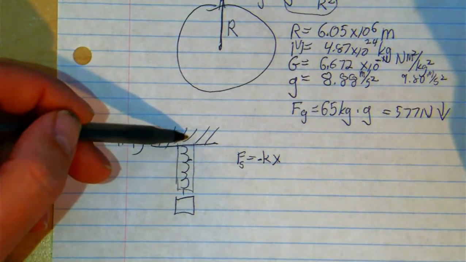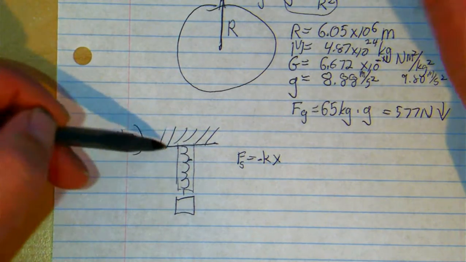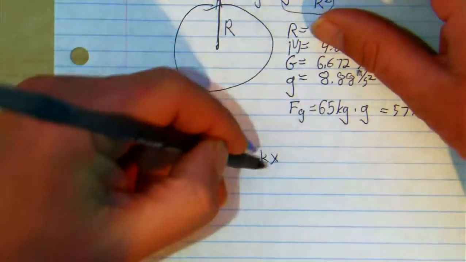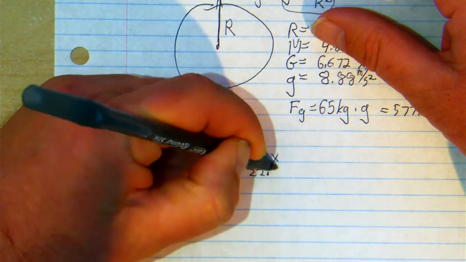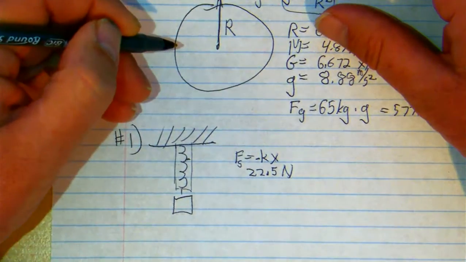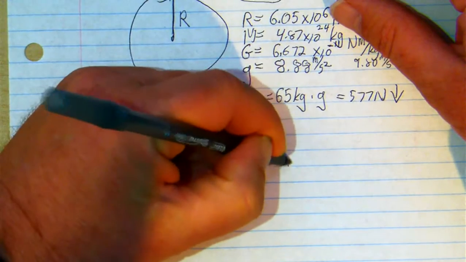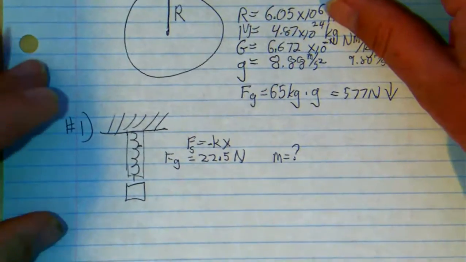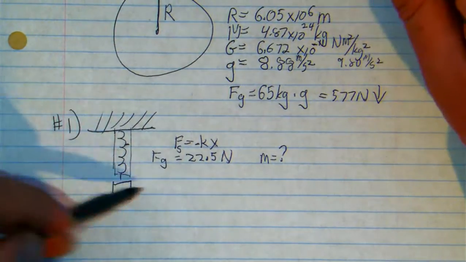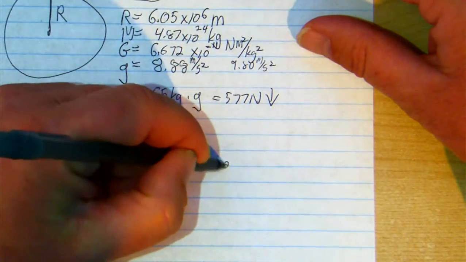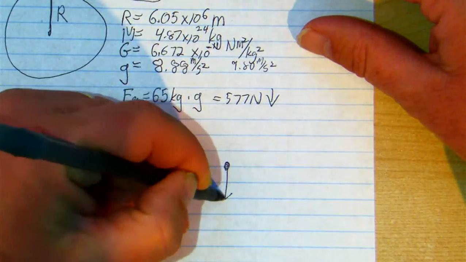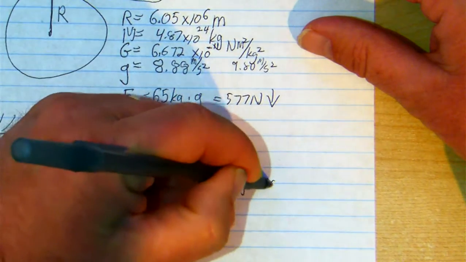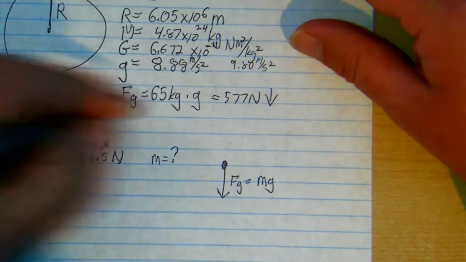Really, you're holding it in your hand, but that's equivalent to bolting it to the ceiling. And the scale reads 22.5 newtons. And the question is, so what is the mass of the block? In this situation, what you're supposed to recognize is, if you do the free body diagram, it's the weight of the block that is stretching the spring scale.